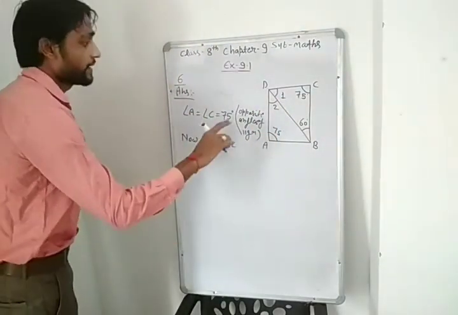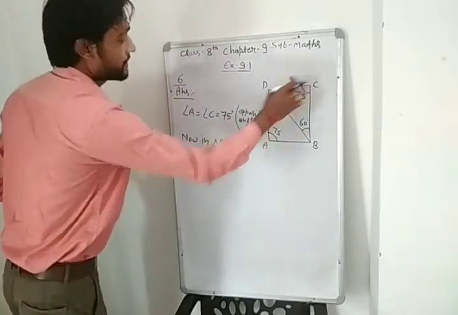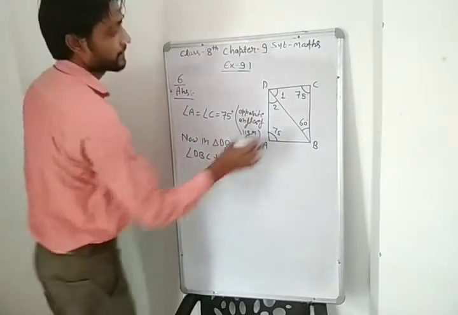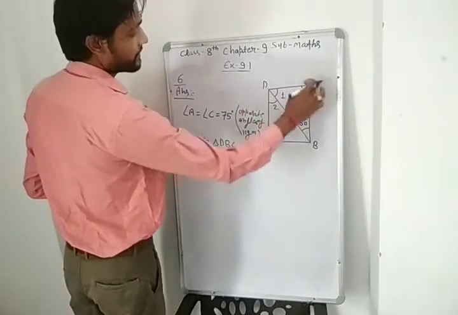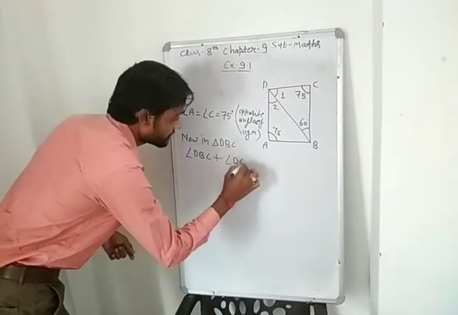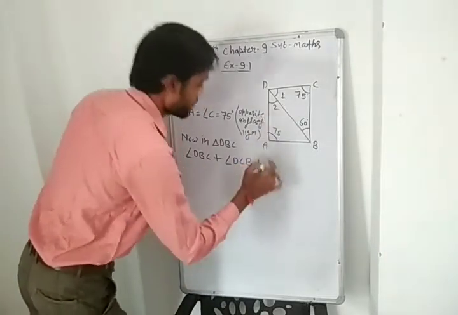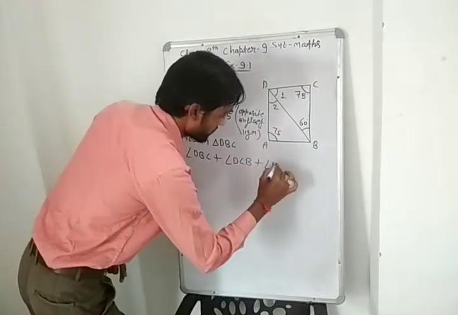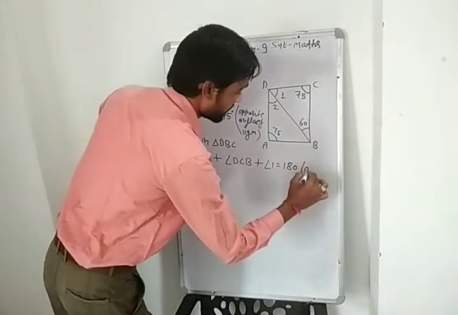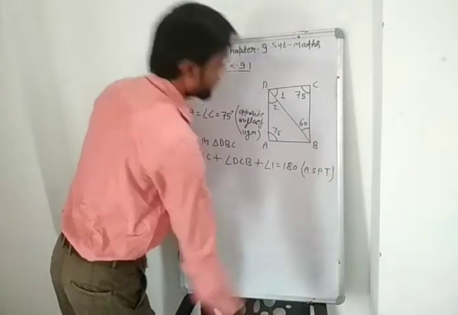So we will get angle DBC plus angle DCB plus angle 1 is equal to 180 degrees. That is the angle sum property of a triangle.